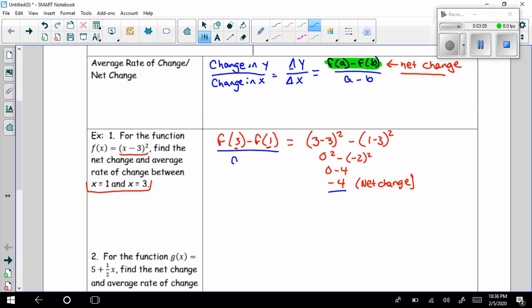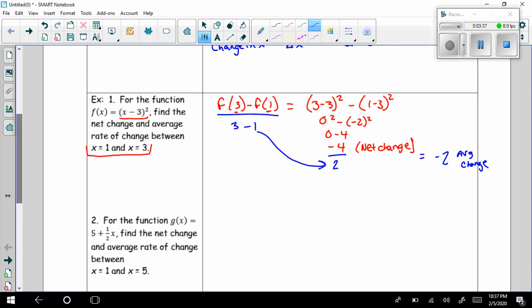So a minus b, or 3 minus 1. So over 2. And negative 4 over 2 is negative 2, and this is your average change. Okay, so between those 2 points, your average change is going down 2 over 1, essentially.